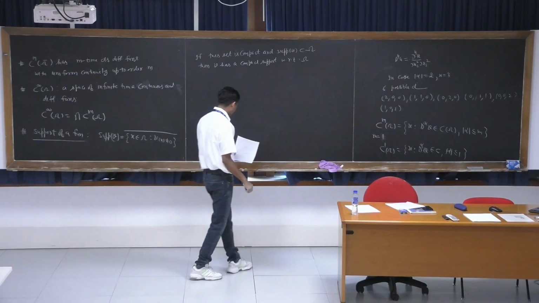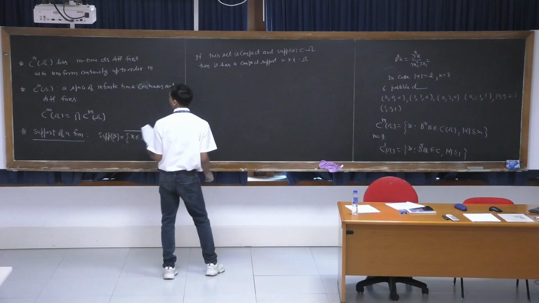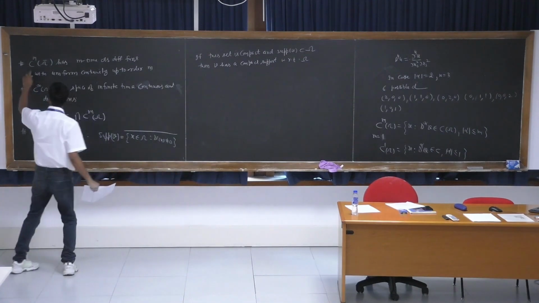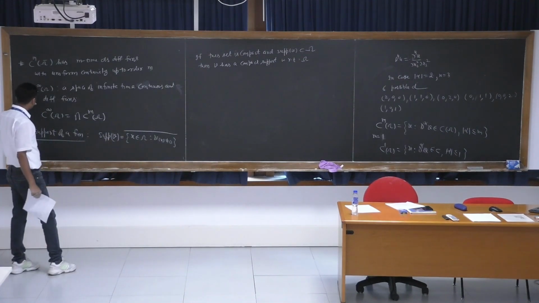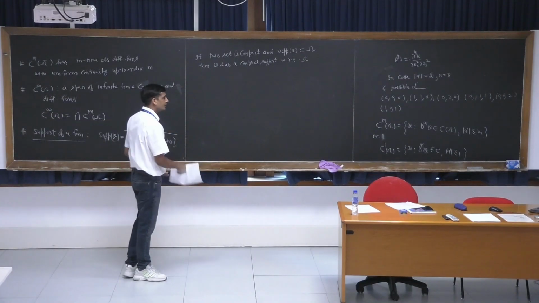So if we have one more set, if you define here C^m, this is just C infinity, and one is with compact support.